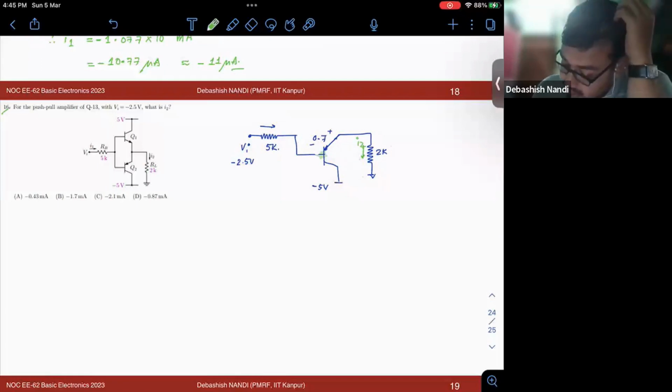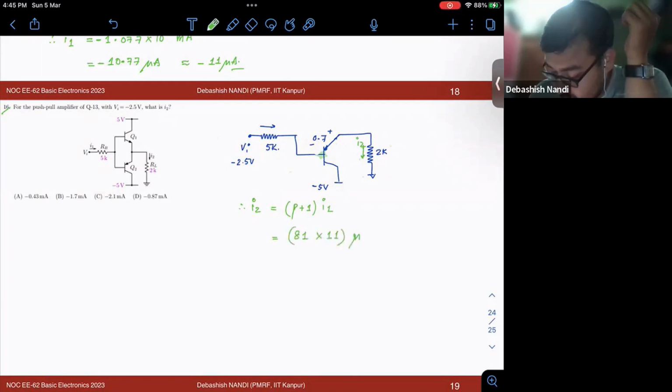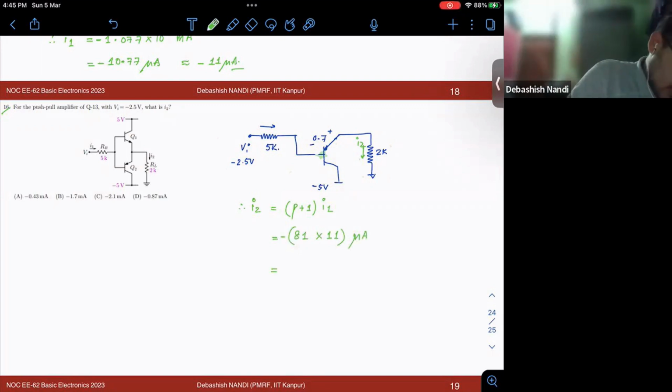So your I2 is nothing but beta plus 1 into I1. Your beta is 81 into your 11 microampere. Note the sign. So 81 into 11 becomes 0.89 milliampere. So the nearest option is D. So option B is correct.